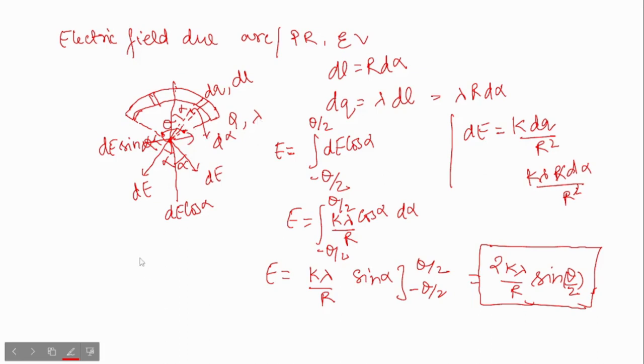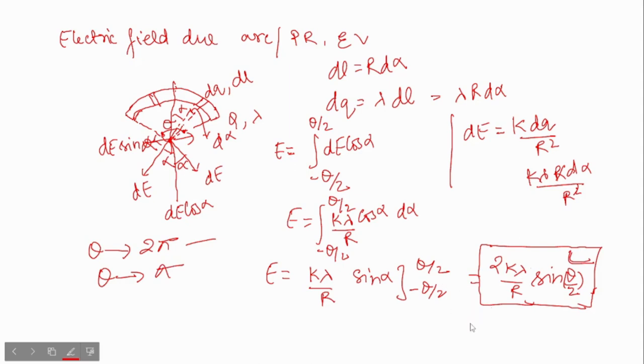Here theta is the whole angle subtended by the partial ring or arc. If someone says to find the net electric field at the center due to the whole ring, then theta will become 2 pi. For a semicircle, theta will become pi. You can put these values here and directly get the net electric field.